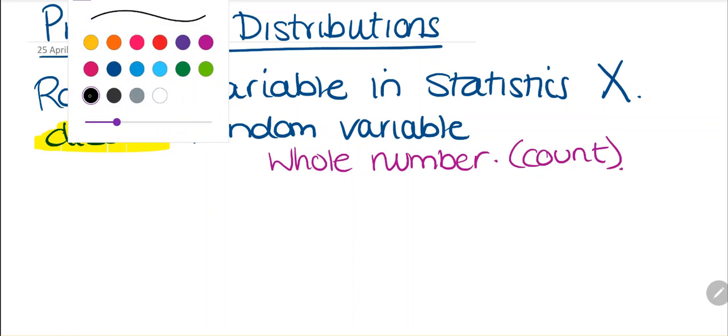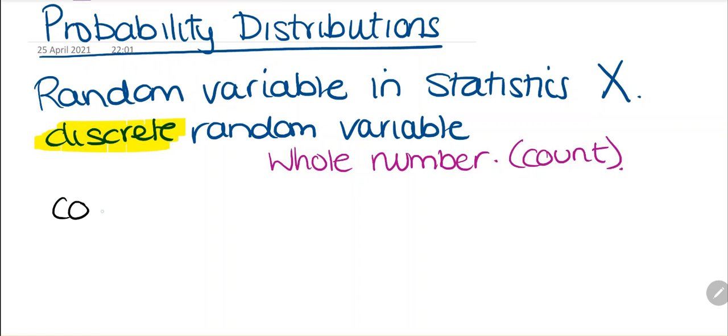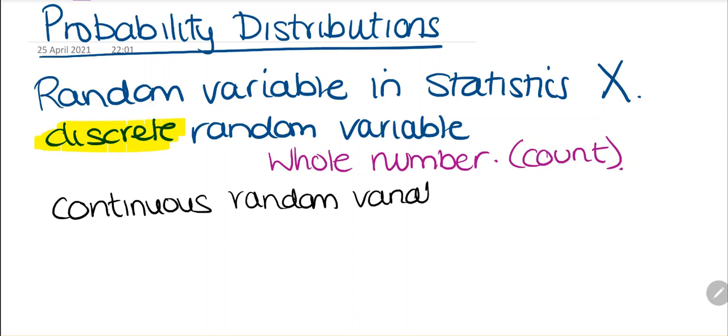Then we have a continuous random variable. This will be where we have all real numbers. So we could have real number values.